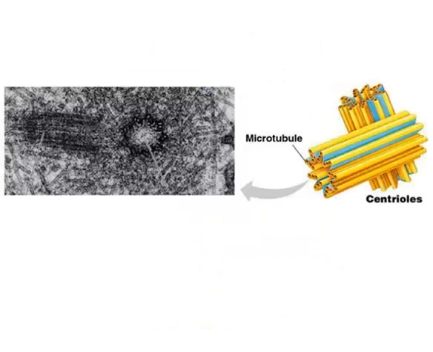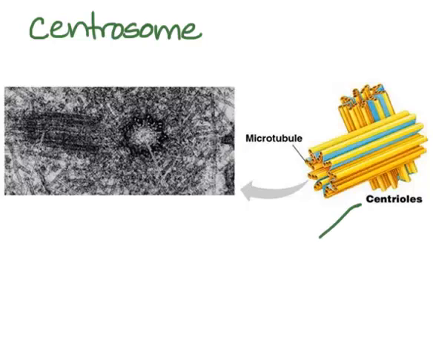In animal cells, we find what is called a centrosome. We find something similar in plant cells, but in animal cells we see that the centrosome is made up of two sets or two centrioles, and these are not present in higher plant cells.